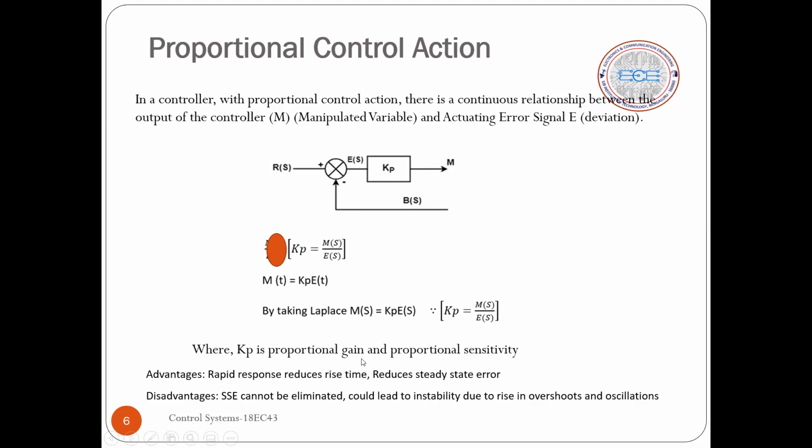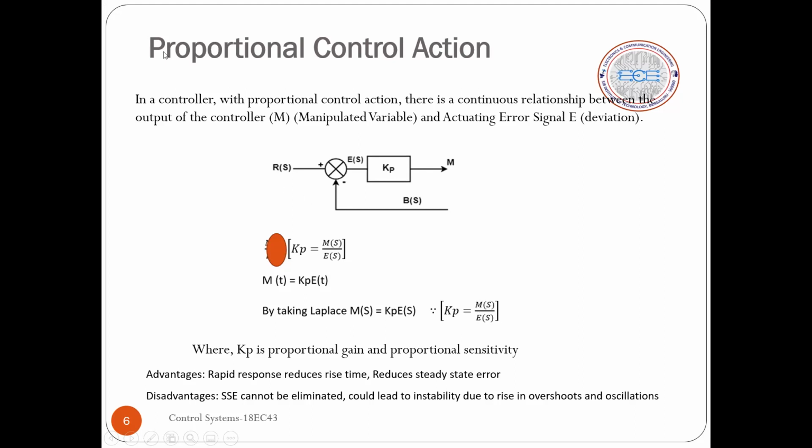Kp is the proportional block gain, or you can call it the proportional sensitivity. It will get multiplied and appears as the output M. So in the time domain, M of t is equal to Kp into E of t. Take the Laplace transform, and you will find M of s, and Kp is a constant as it is, E of t becomes E of s. Therefore, I can write an expression for Kp, which is equal to the output M of s divided by the error signal E of s.